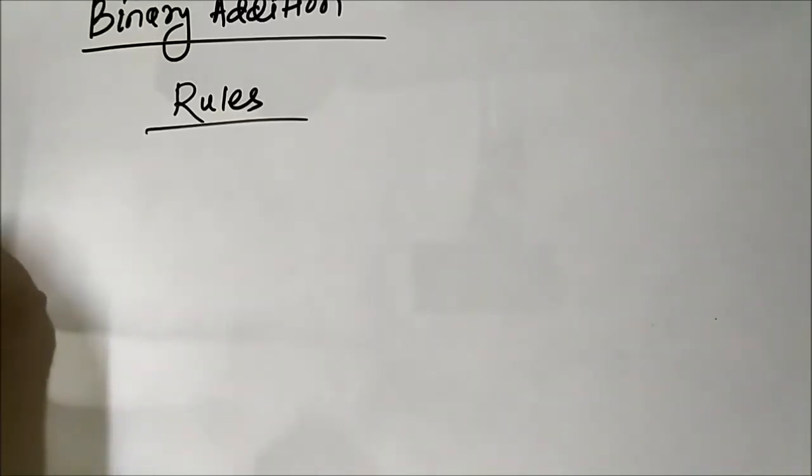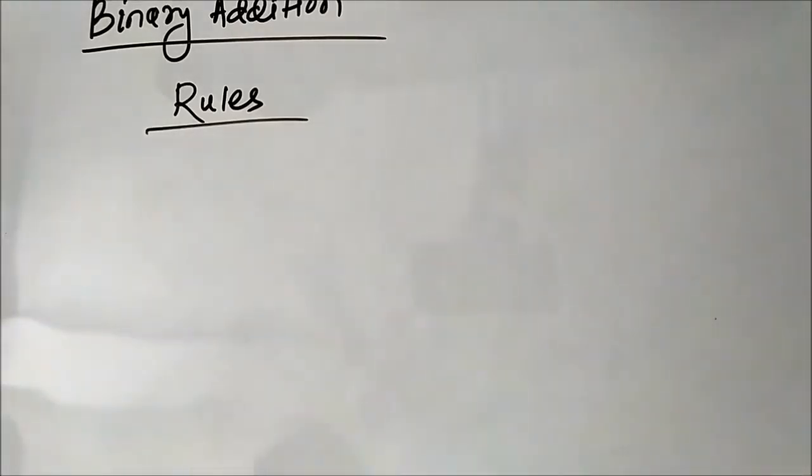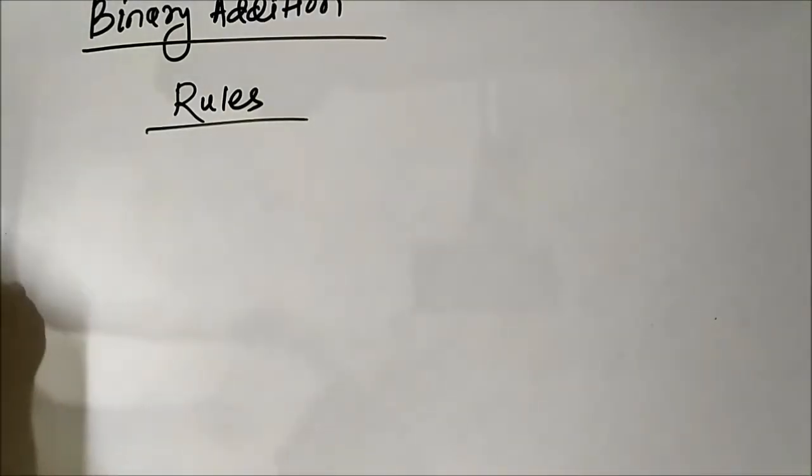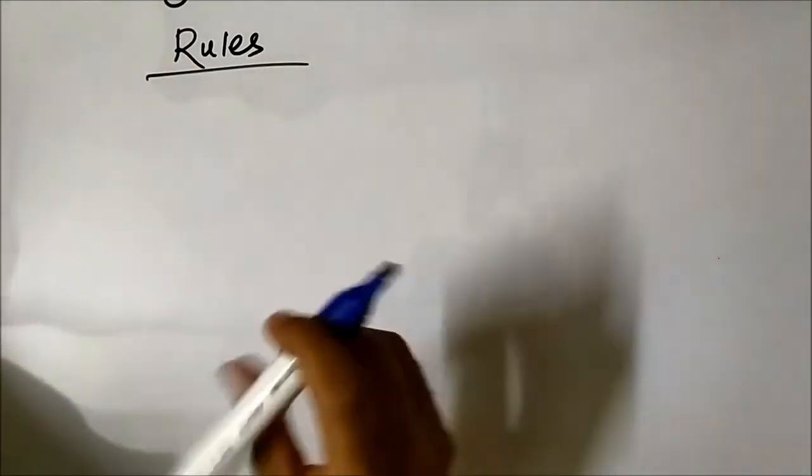How we add two bits which are allowed in the binary number system, 0 and 1. We know that only two symbols are allowed in the binary number system, 0 and 1. So the rules determine what will be the result of the addition of any two possible bits.